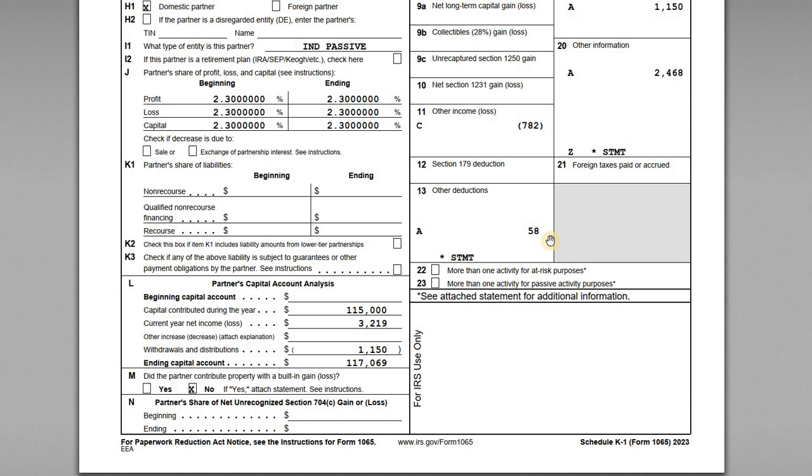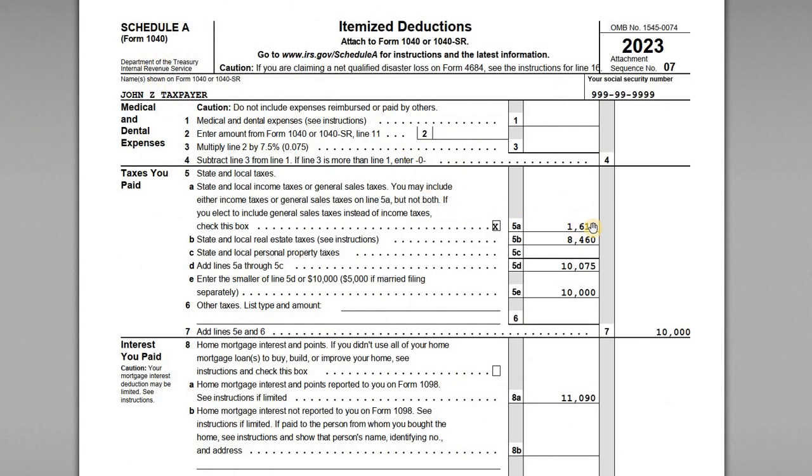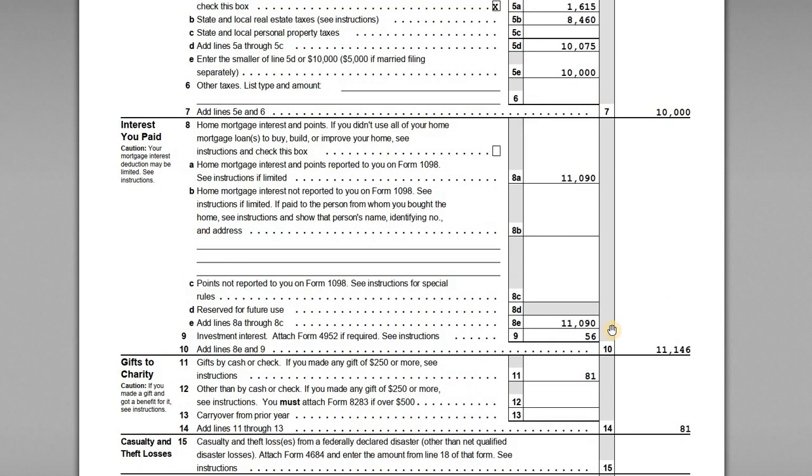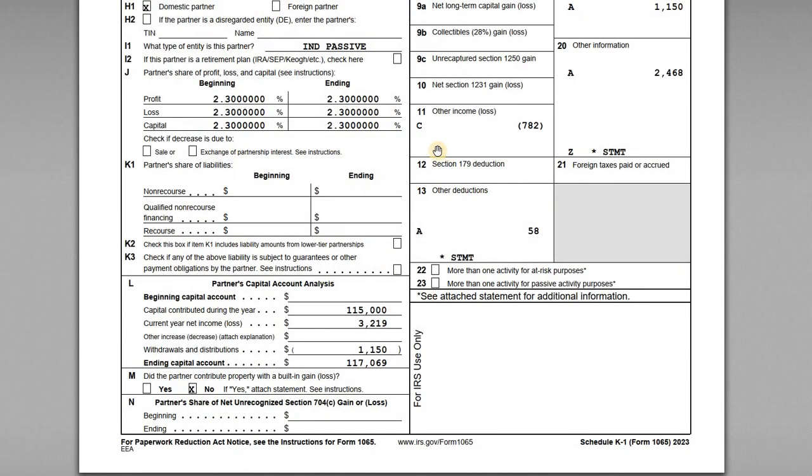So you can deduct this amount as an itemized deduction up to 60% of your AGI. And so what we've done is we've reported that amount on Schedule A for John as an itemized deduction. So gifts to charity reported down here. So gifts by cash or check. So $81 is the total, and that's because we have another charitable item.